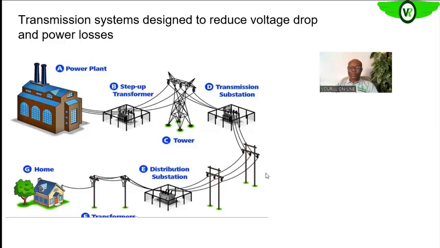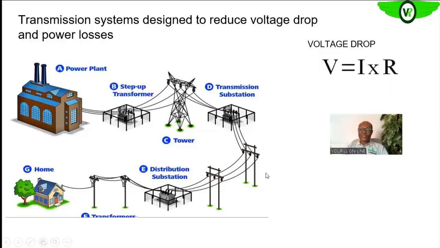So now, why do we need to have this voltage stepped up? You'll see that the transmission system is designed basically to reduce voltage drop. That is two things, voltage drop and power losses.